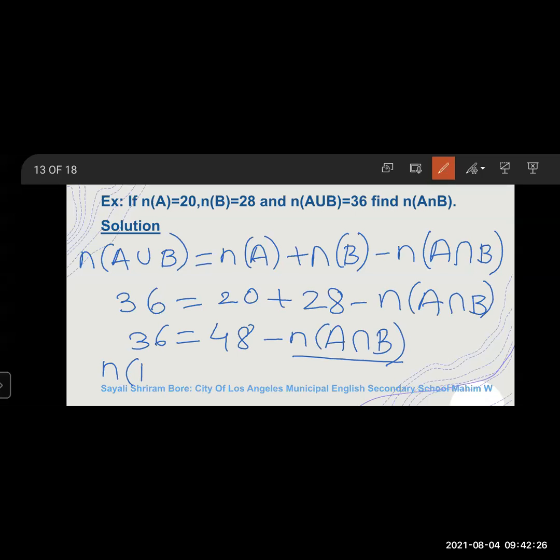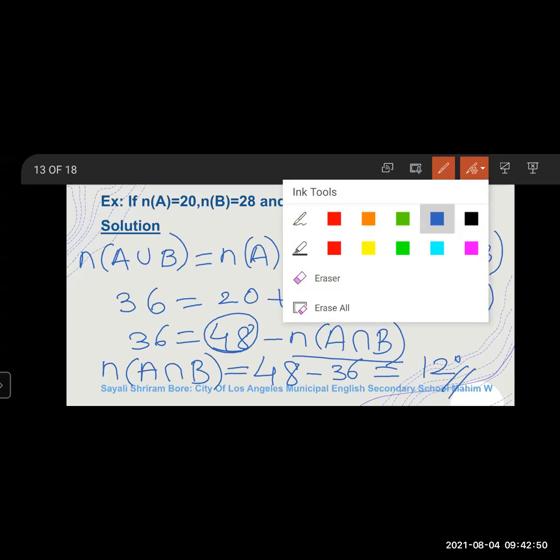So A intersection B is equal to 48, and plus 36 will go to that side and become minus 36. So 48 minus 36 gives you 12. This is the final answer. It is simple substitution: whatever is given in the question, substitute and find the answer.